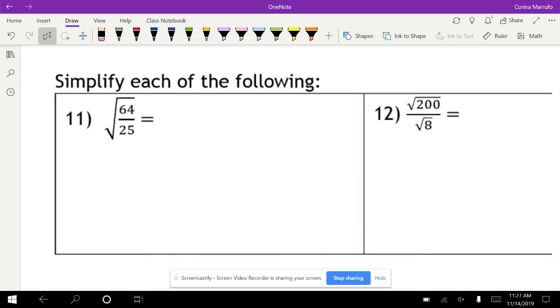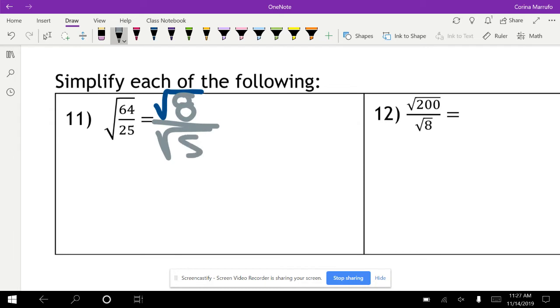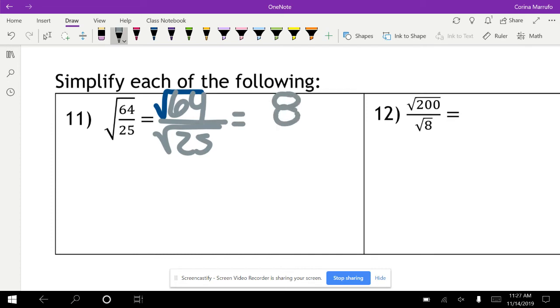So we can split it up into 2 different square roots. The square root of 64 over the square root of 25. And we know the square root of 64 is 8, and the square root of 25 is 5. And then 8 over 5, we cannot reduce that fraction. It stays as 8 over 5.